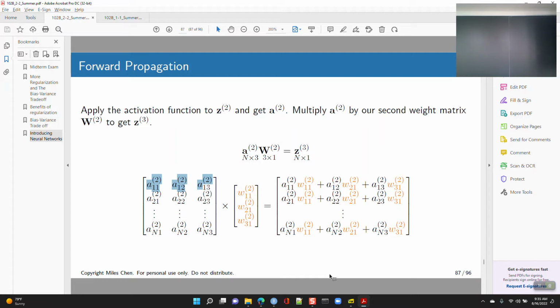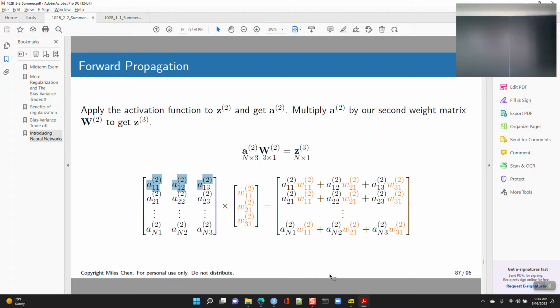And then if I transpose this, I'm going to have this, so this is our transpose.